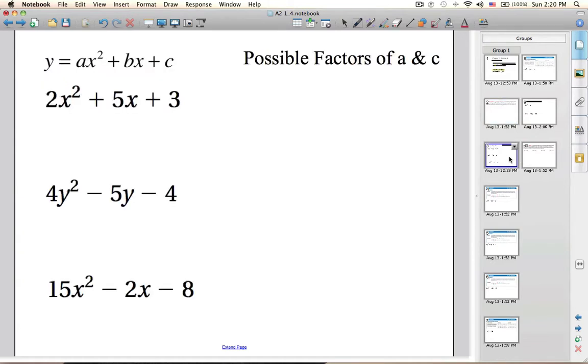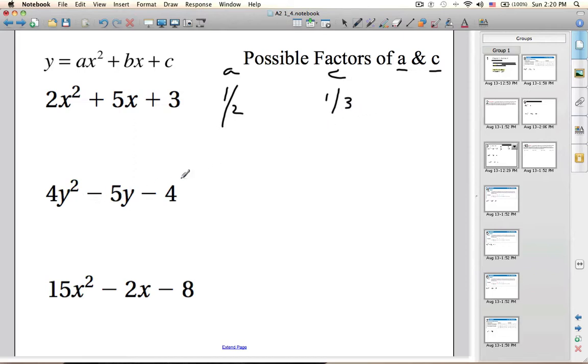So before we go into that, let's start the same way we started before. Let's look at the possible factors, but now we're looking at both a and c. The leading coefficient is a prime number. The factors are 1 and 2. And the constant here is also a prime number, with factors 1 and 3. So that's very simple.